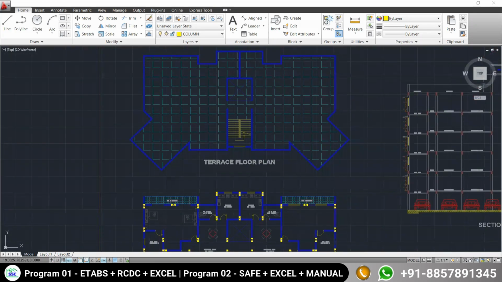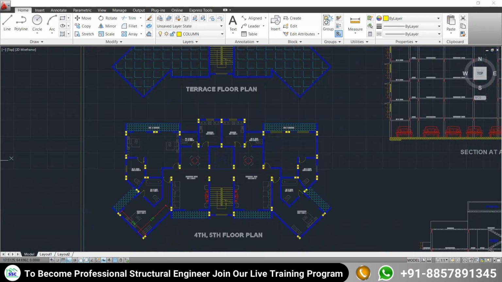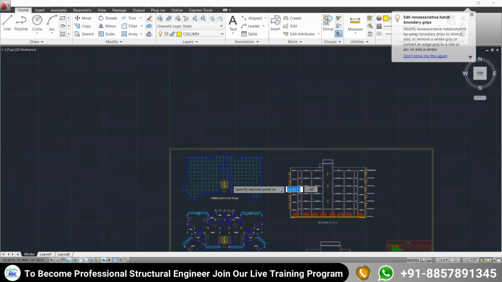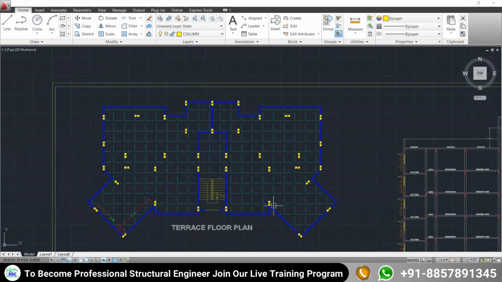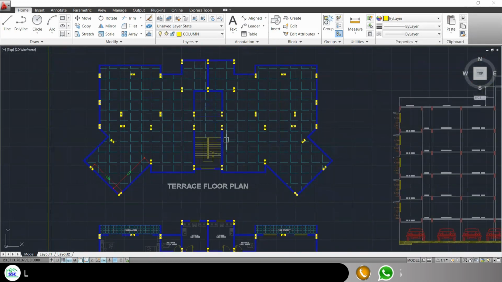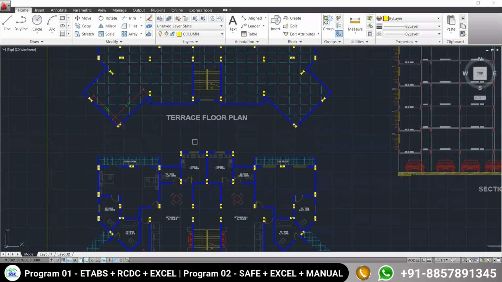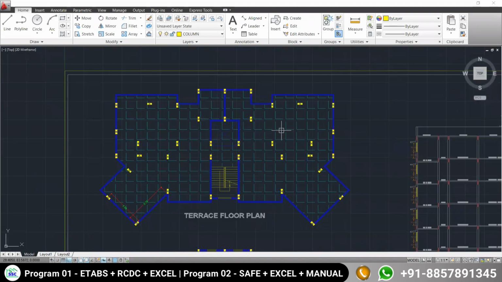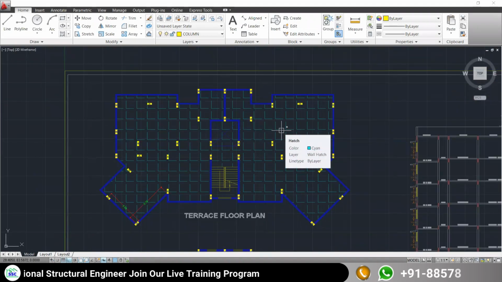Now take all of these columns from here to here. For the terrace portion, there's no problem. It will be as it is. Whatever framing we decide at the 5th floor, that same framing we are going to take for this, except deleting the unnecessary secondary beams.